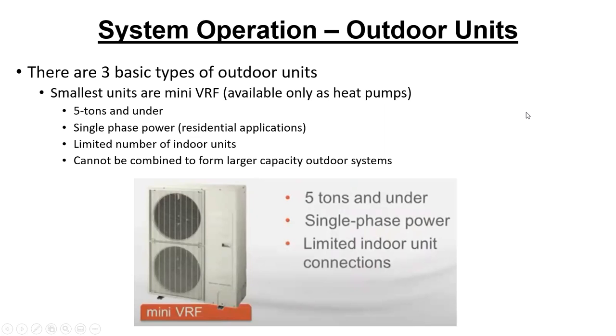So this would be like for a house. If you had more than a 5-ton load, you just have to have 2 systems. Of course, if you had 2 systems, they're basically heat pumps, so one system could be in heat and the other in cooling, but you can't get simultaneous heating and cooling in these small ones.